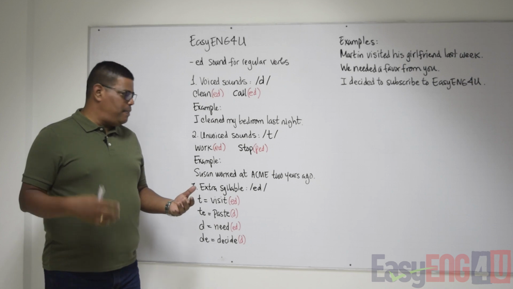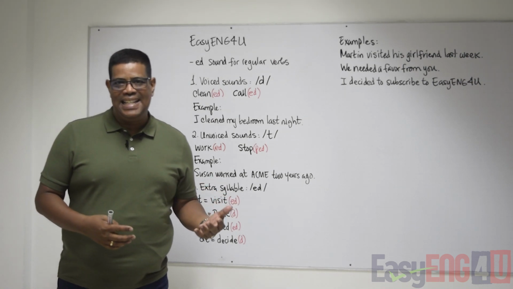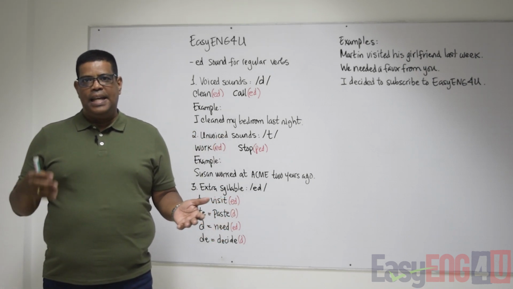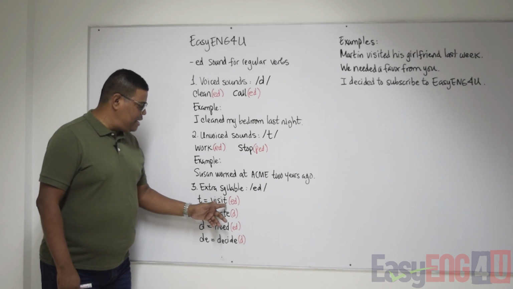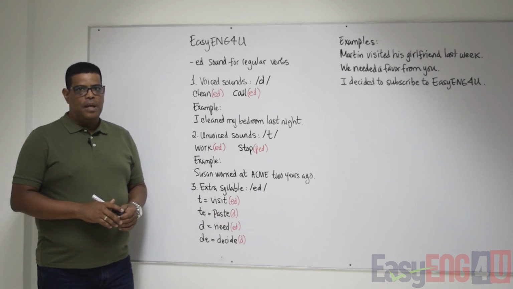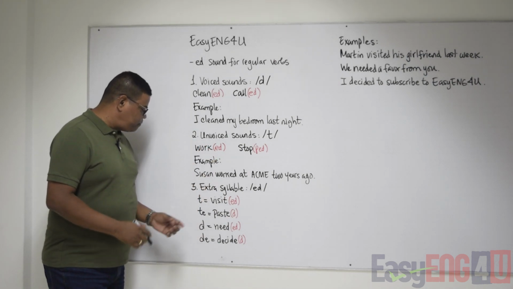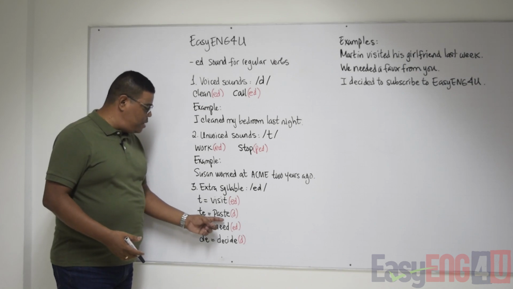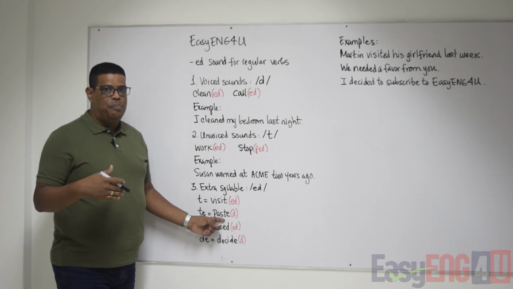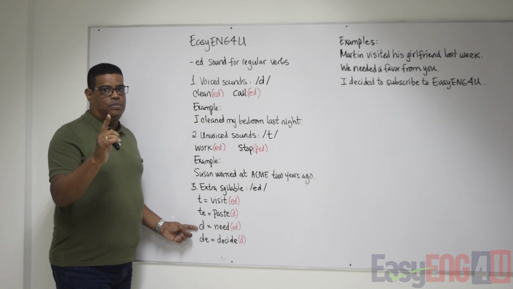What does an extra syllable mean? It means that it will end with 3 syllables in the simple past. Example, visited. Okay? But we'll take a look at the examples in a minute. Don't worry. A verb ending in TE, the verb paste. Paste. It has 1 syllable.